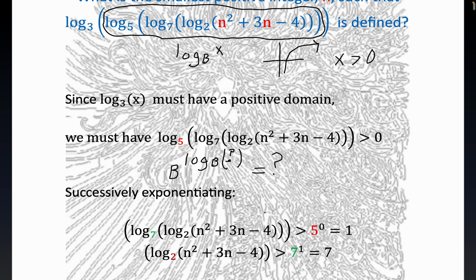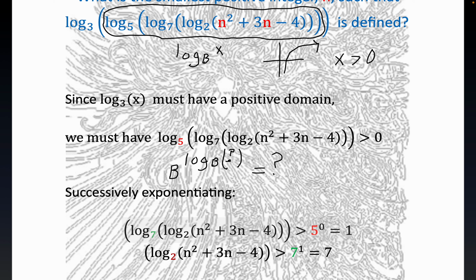Notice that I tried to color code this for your viewing pleasure. Notice how we have a red 5 here and a red 5 right down here. So what happens is this b to the log base b inverse relationship strips away the log base 5, but we have to exponentiate 0, which is 1. 5 to the 0 is 1.